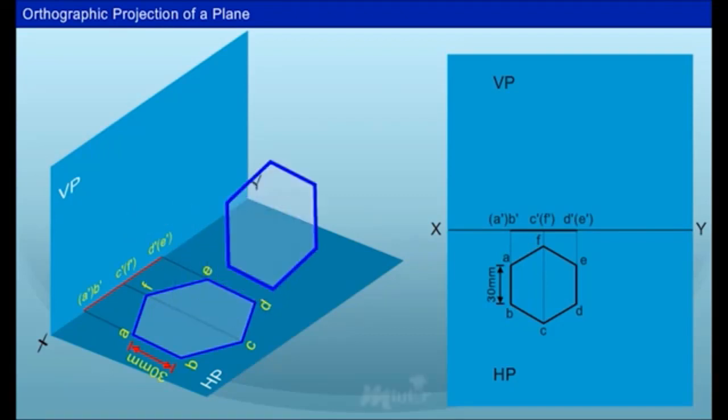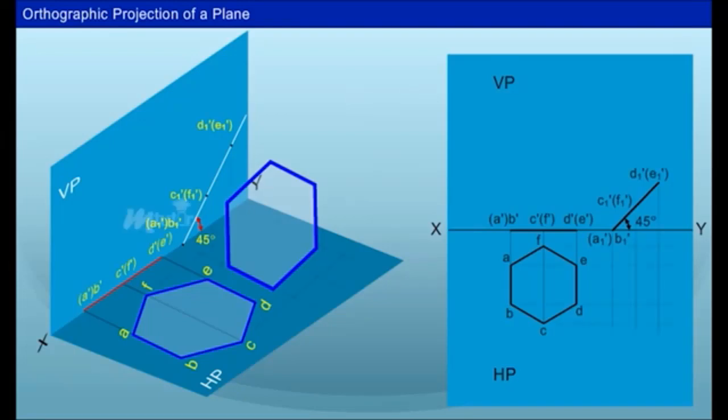It is given that the surface is inclined 45 degrees to HP. The angle of inclination will appear in the front view. Draw a line 45 degrees inclined to the HP. The points are marked on the inclined line by measuring the values from the front view. Now, connect the projector lines to meet with the locus lines from the top view.